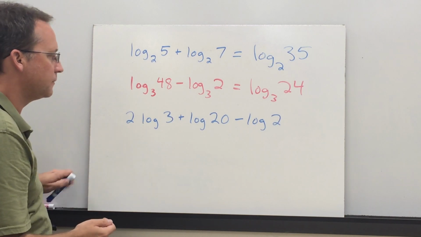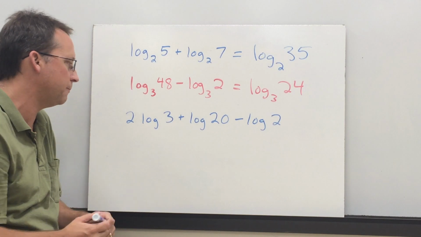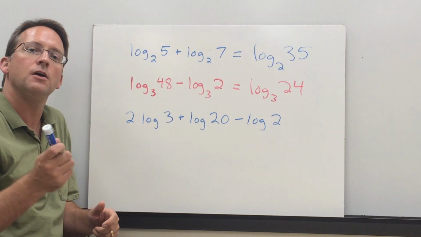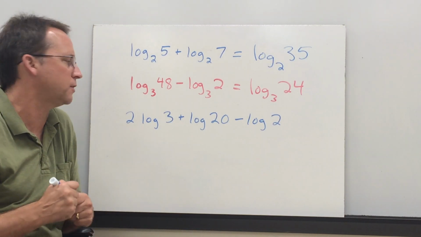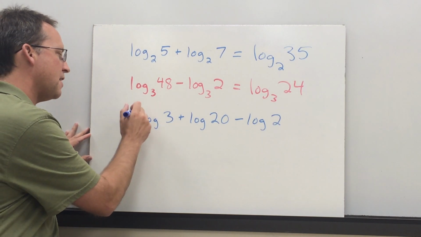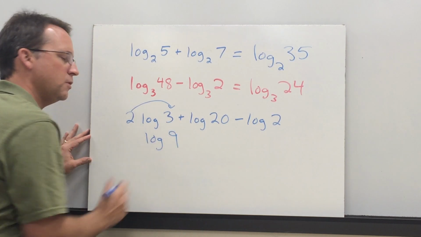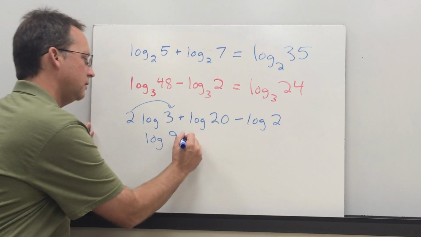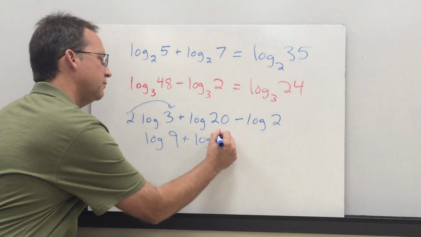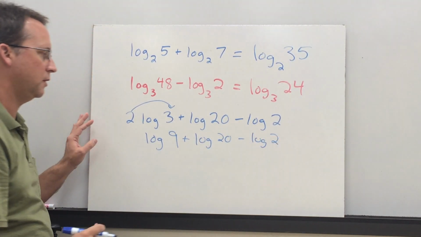Last one here. Same base each time, base 10, your common logarithm. Now I've got a coefficient. You want to take care of those coefficients first. So 2 log 3, make that 2 an exponent. Turn this into the log of 3 squared. Then you've got plus the log of 20. Minus the log of 2.